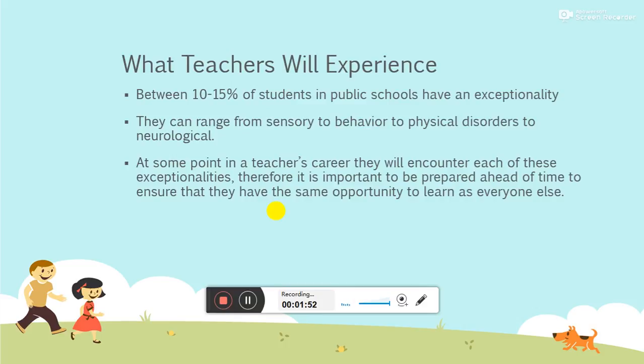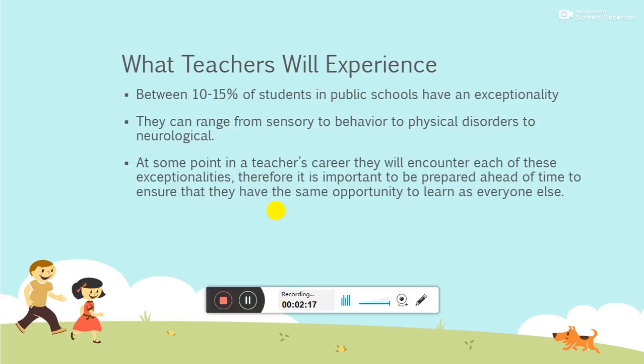So 10 to 15% of students in public schools have an exceptionality. So teachers are going to see at least some kind of exceptionality in their students throughout your teaching career. So it's important for teachers to be prepared for these exceptionalities and not be caught on the spot when one of these appears.